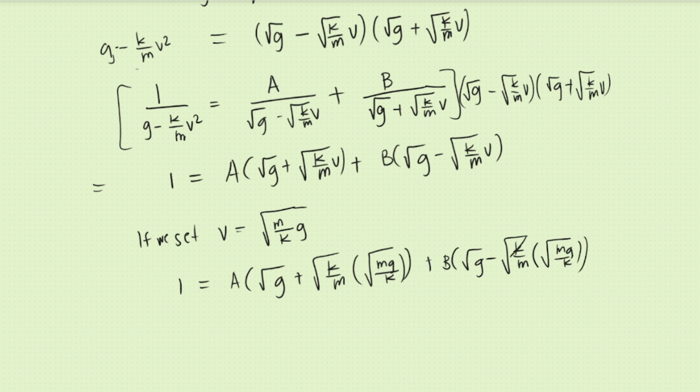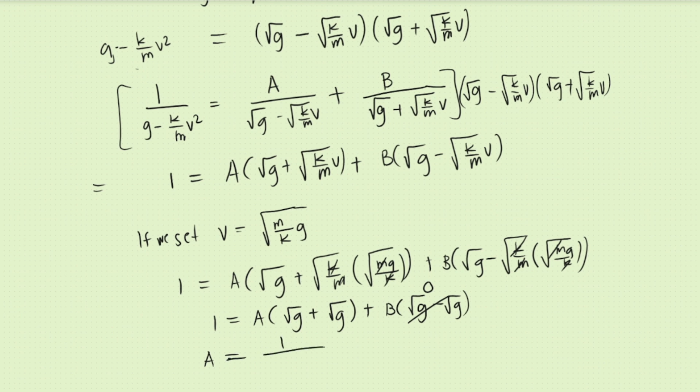So now we can cancel these things here, m and k, so we'd be left with square root of g, right? So that's 1 is equal to a times square root of g plus square root of g, plus b times square root of g minus square root of g. So this term here would be 0, so we'd be left with the variable a. So we can actually get that value: 1 over square root of g plus square root of g is just 2 square root of g.